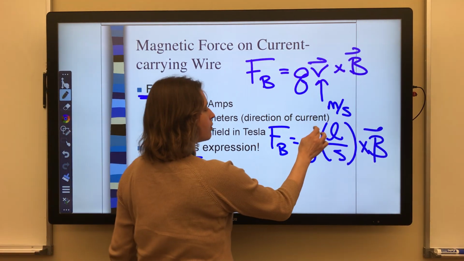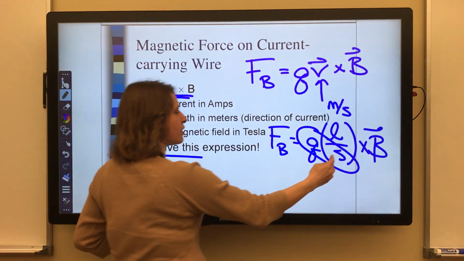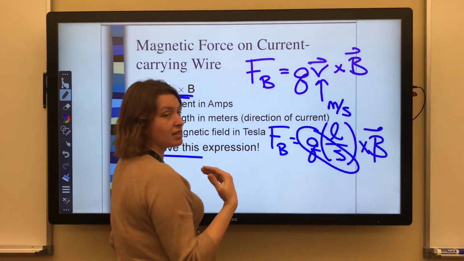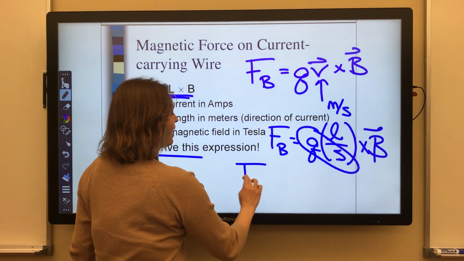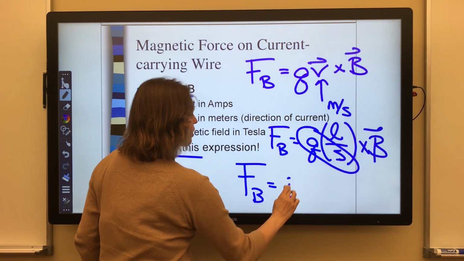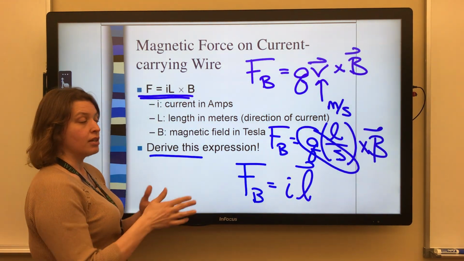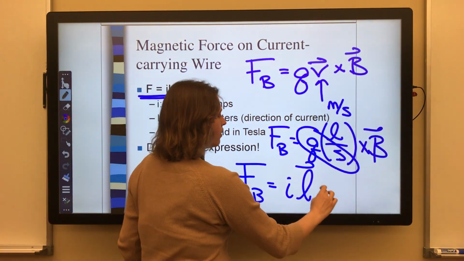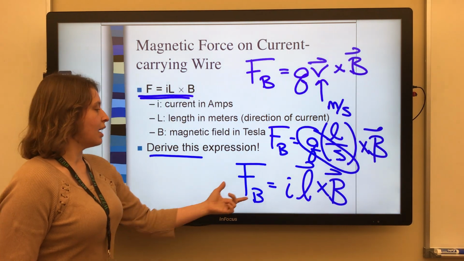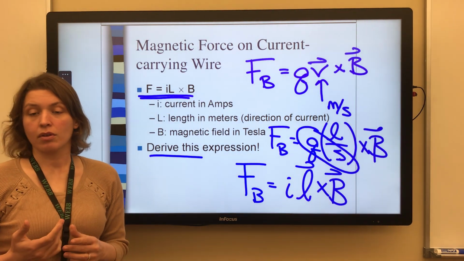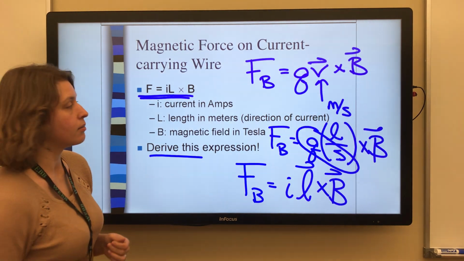And then you might notice that charge divided by seconds, if I pull those out, and remember that seconds is a scalar quantity, so I can pull that away from the cross product. And now I have some current carrying wire, and then some length or direction that charge is flowing, crossed with B, our magnetic field strength, and I've got my equation for the magnetic force on a current carrying wire.